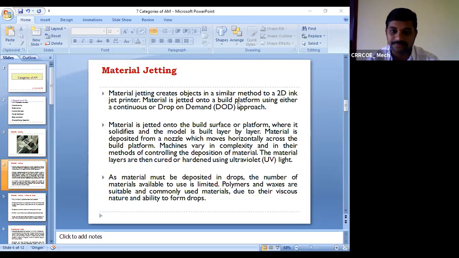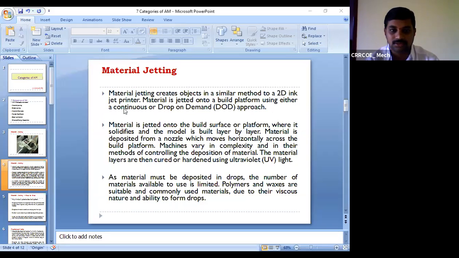In every manufacturing method, we have a build platform. That is where we are going to build the product. It allows the up and down movement of the building component that will be placed on the platform.